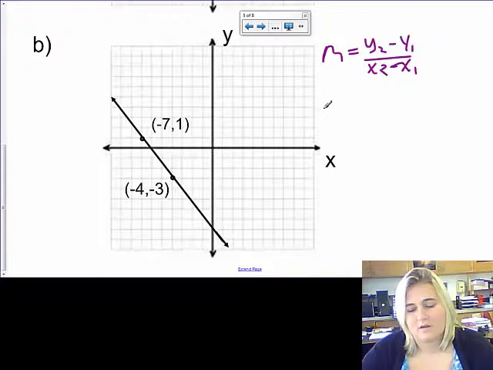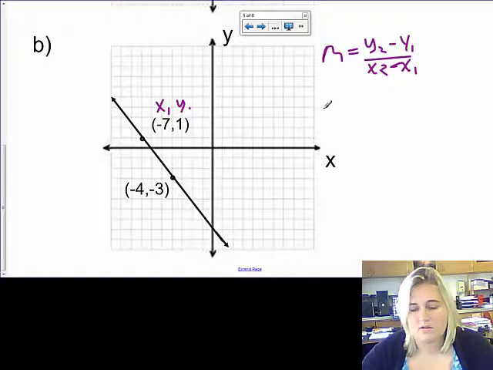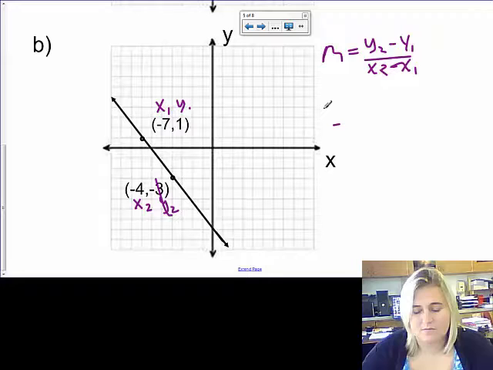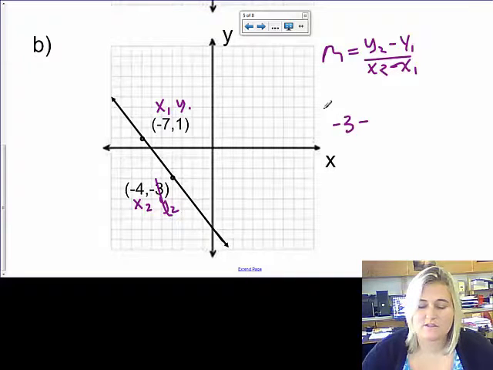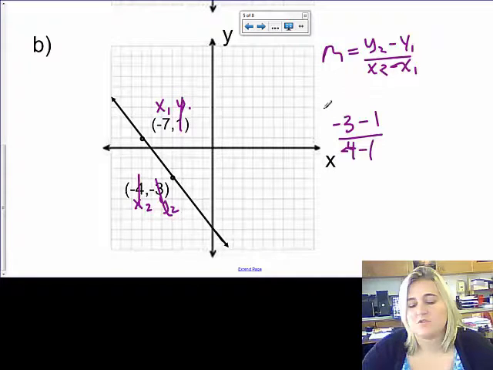I have x sub 1, y sub 1, and x sub 2, y sub 2. So instead of y sub 2, I'm going to plug in this negative 3 minus y sub 1, which is 1, over x sub 2, which is negative 4, minus x sub 1, which is negative 7.